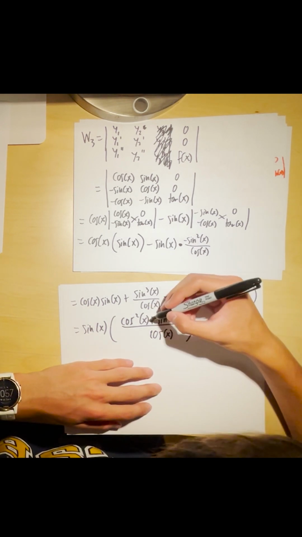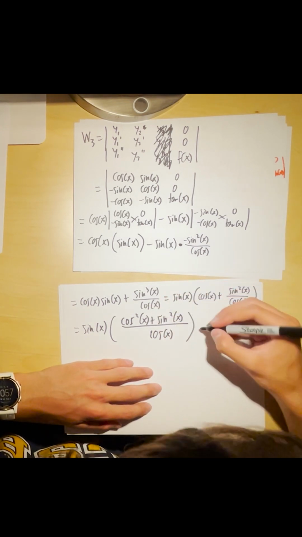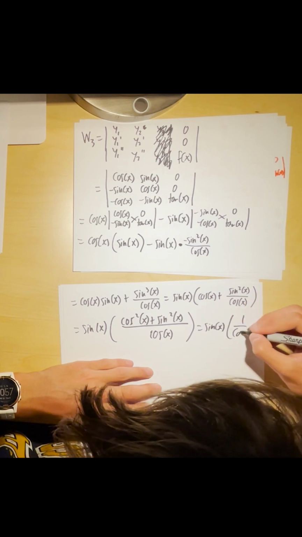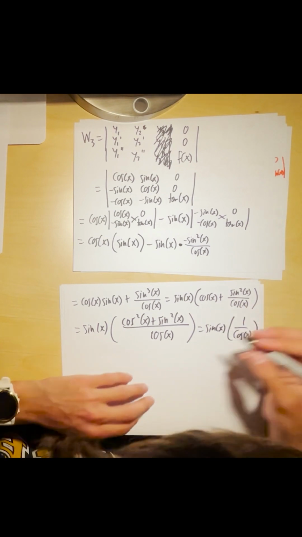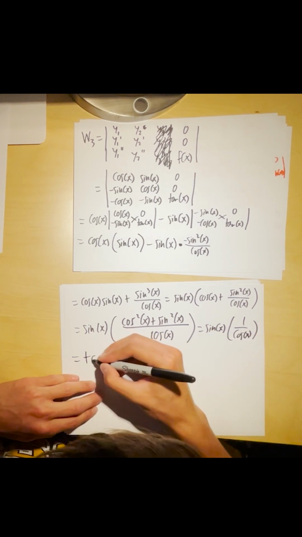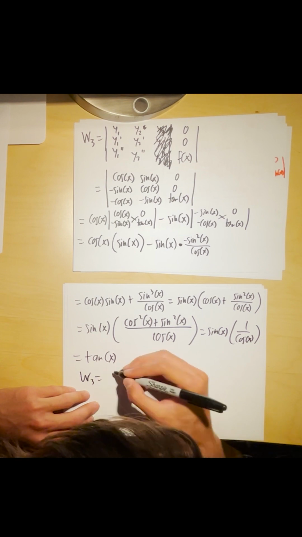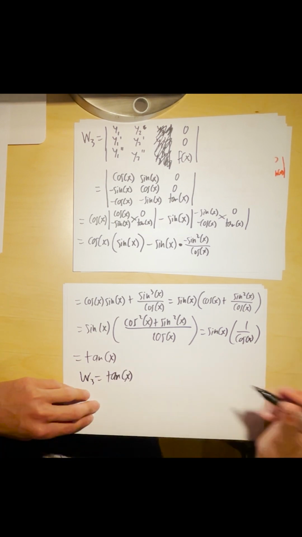And since this goes to 1, what's on the inside ends up as sine of x over cosine x, which is tan of x. So we can see that W3 equals tangent x.